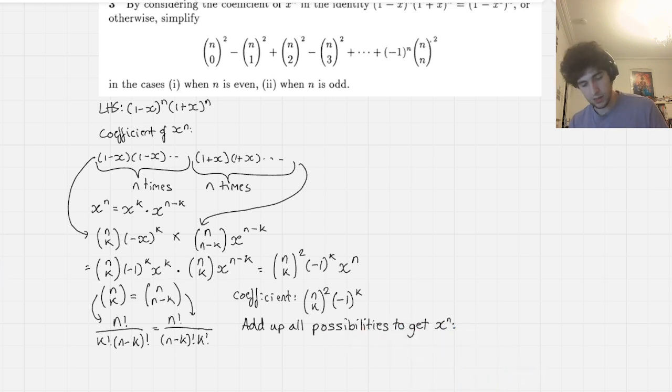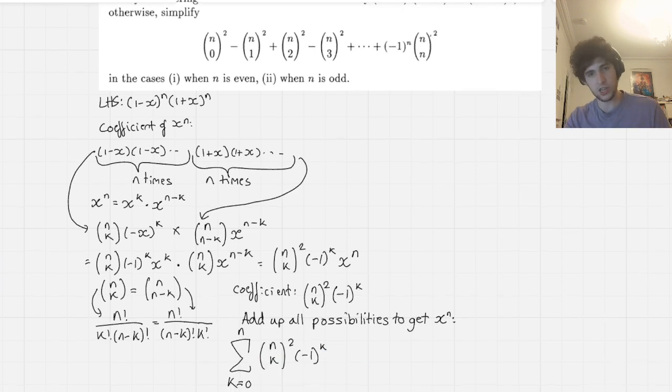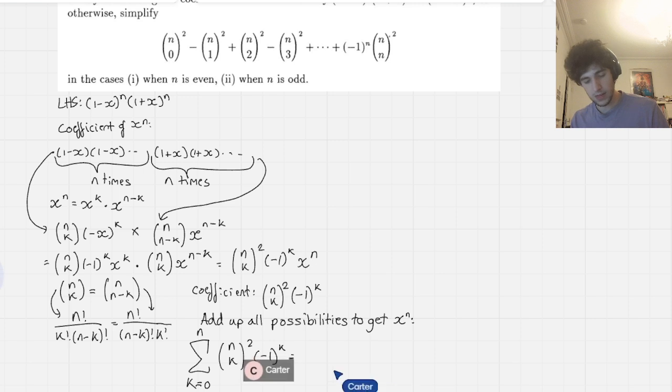So namely, it's going to be a sum. If you're unfamiliar with this notation, it just means I'm summing things from k equals 0 to n of n choose k squared multiplied by minus 1 to the k, right? And I can just write that out. I start by plugging k equals 0 in.